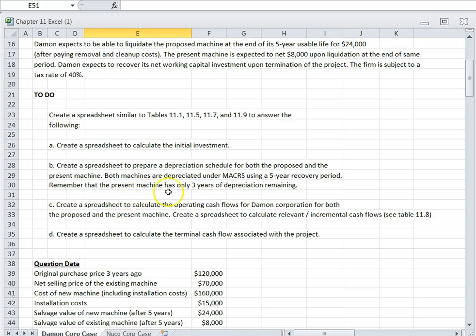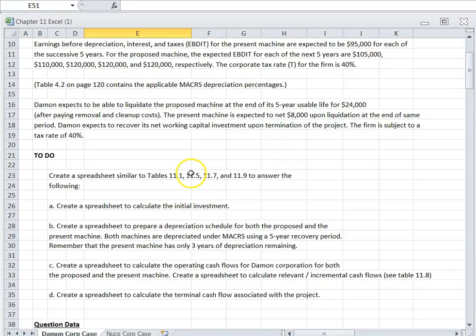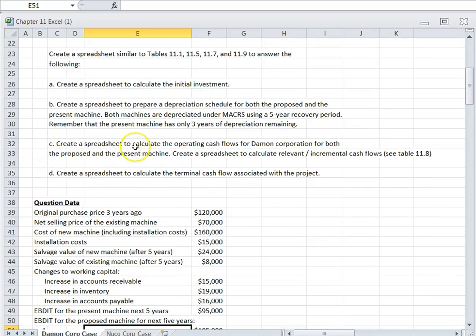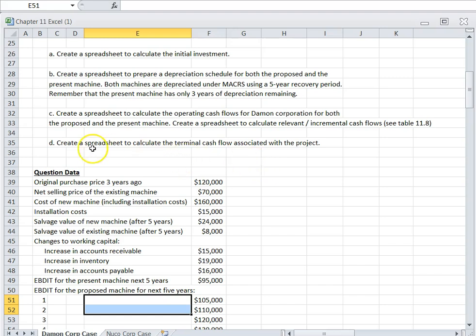And remember, the present machine has only 3 years of depreciation remaining. Create a spreadsheet to calculate the operating cash flows for Damon for both the proposed and present machine. Create a spreadsheet to calculate the relevant incremental cash flows. And create a spreadsheet to calculate the terminal cash flows associated with the project.